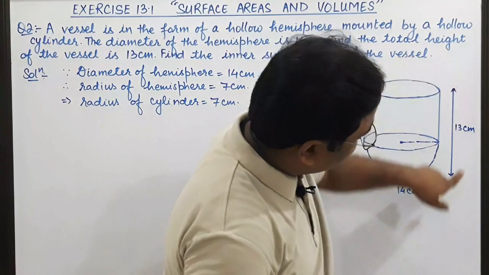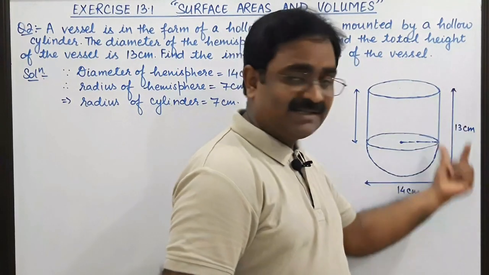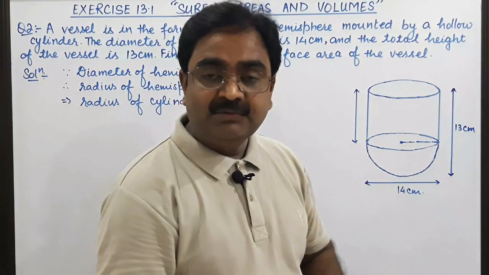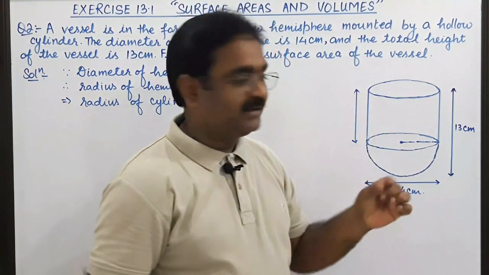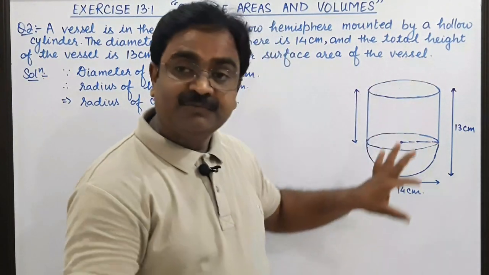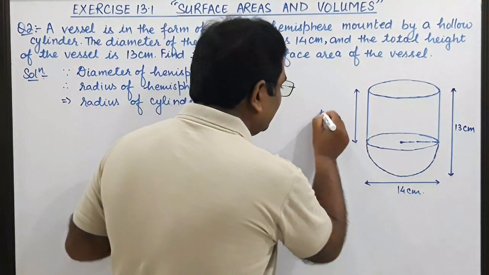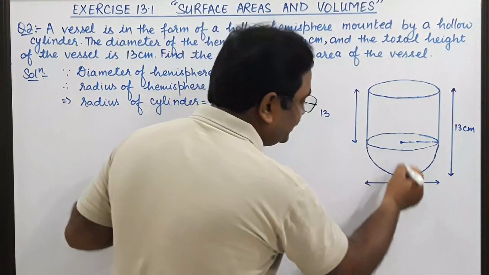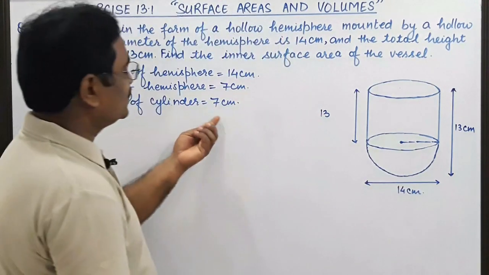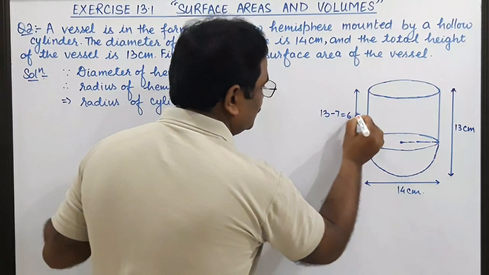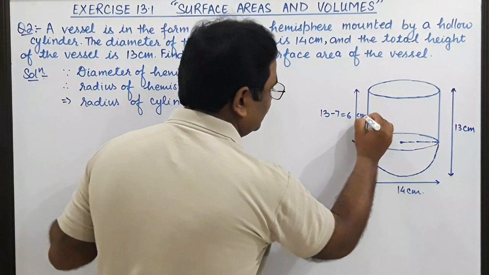From this point to this point, the total height of the vessel is given as 13 centimeter. So we need to find the height of the cylindrical part, this part. The height of this cylindrical part will be 13 minus the radius of the hemisphere, which is 7 centimeter. So 13 minus 7 is equal to 6 centimeter.